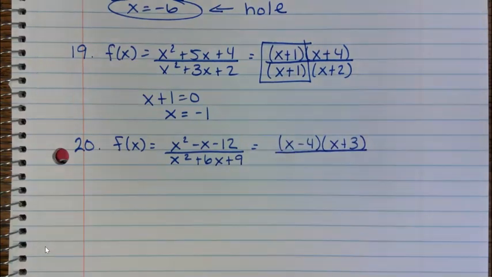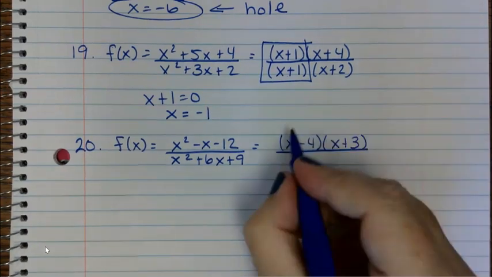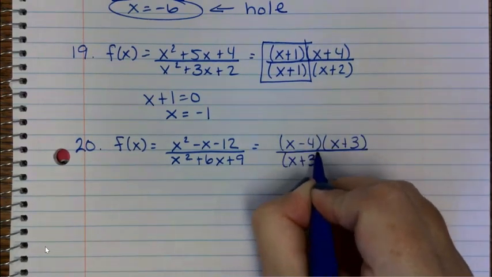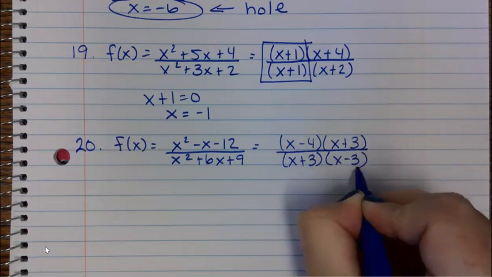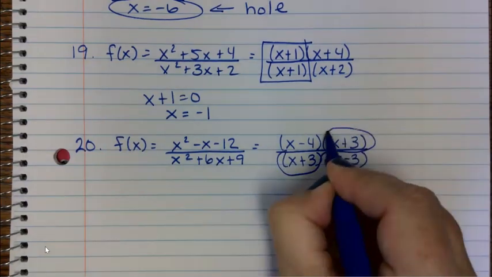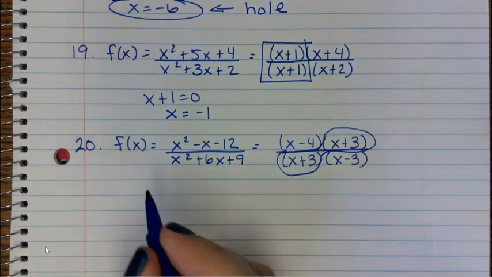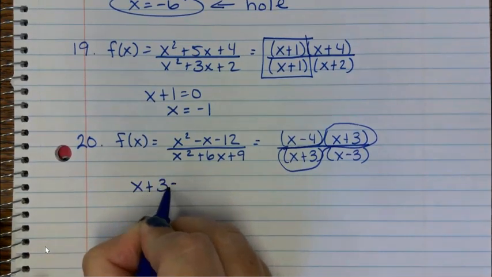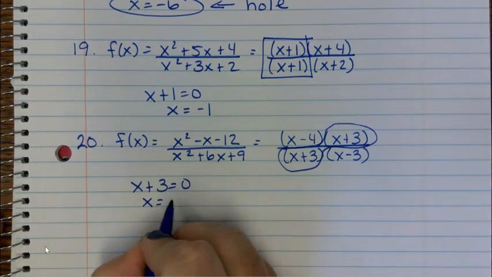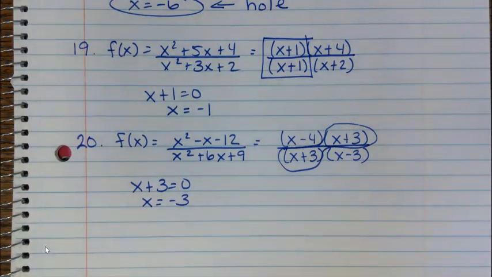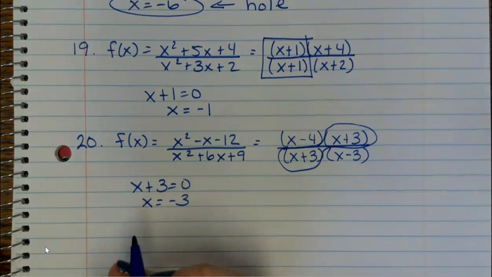And what times what gives me 9? When I add, I get 6. x plus 3 and x plus 3. And look here, I have an x plus 3 on top and on bottom. So x plus 3 equals 0. So the answer is that x equals negative 3. Okay. That's kind of fun.